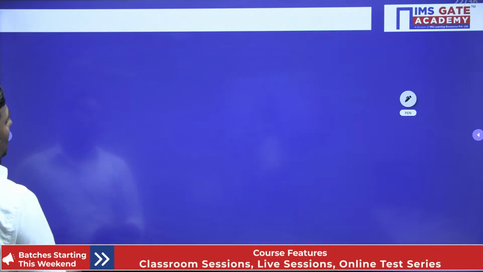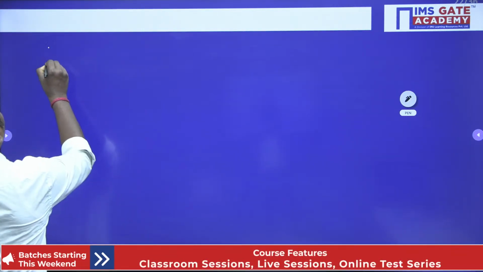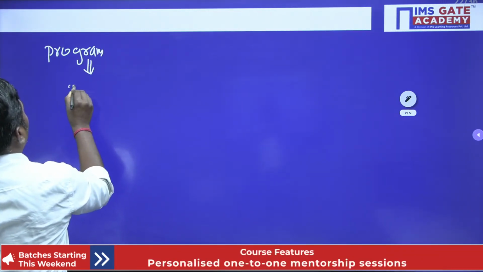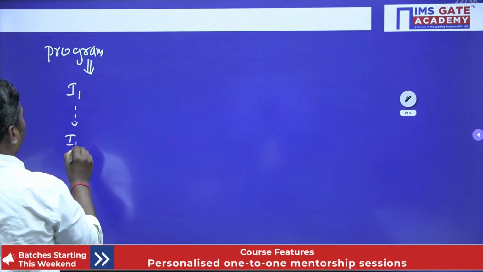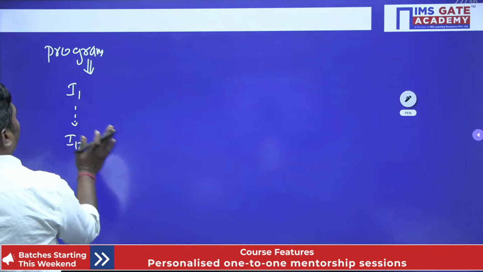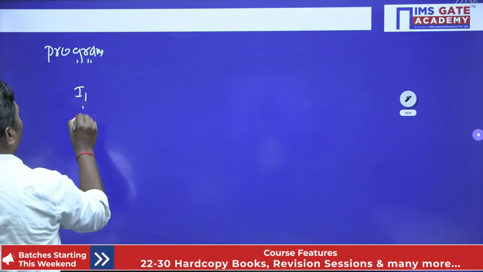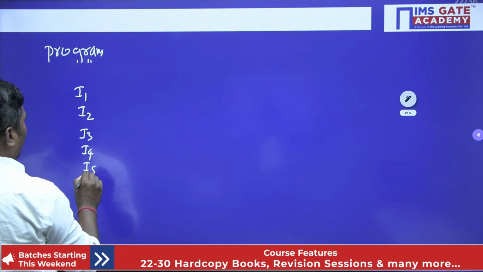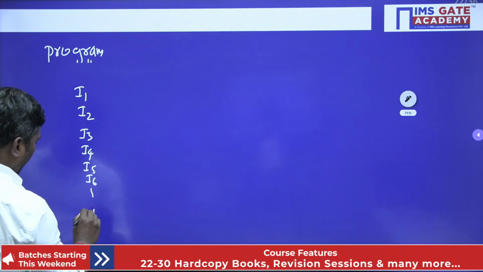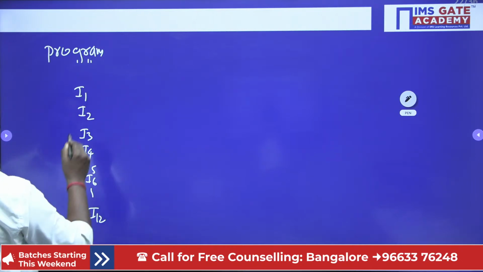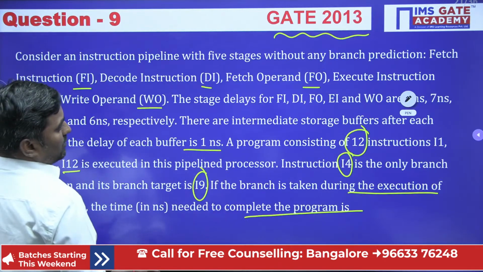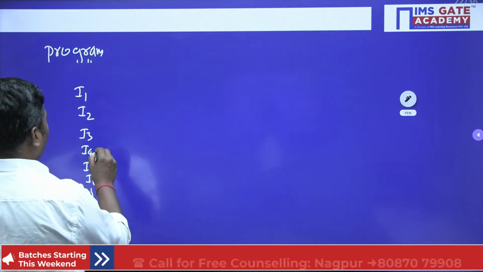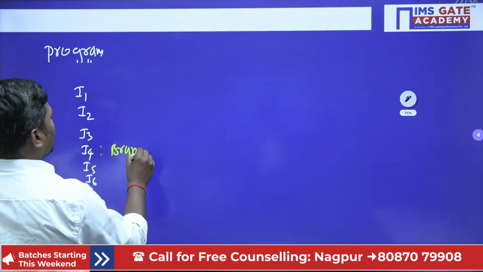Let's run this as per the given things. How many instructions are there? The program has I1 to I12 instructions, I1, I2, I3, I4, I5, like this up to I12. I4 is a branch instruction.